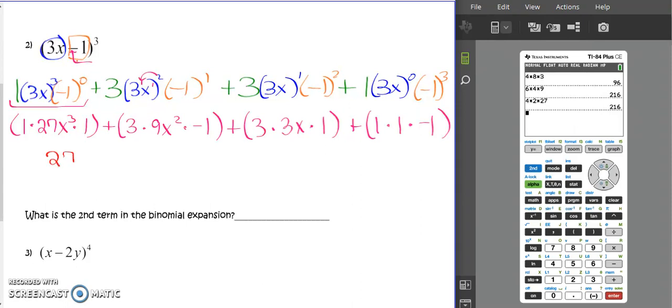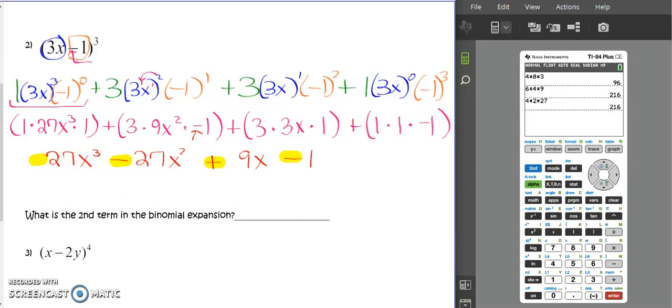So we have 27x to the third minus 27x squared because of that negative. This one's all positive, so plus 9x. The back one's going to be negative. So you can see how the signs are alternating when one of those terms is negative.